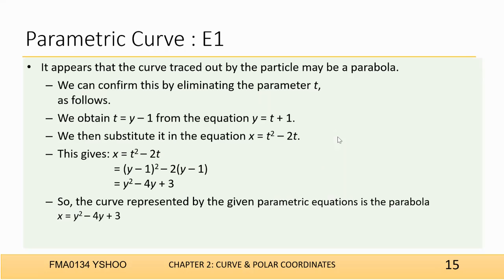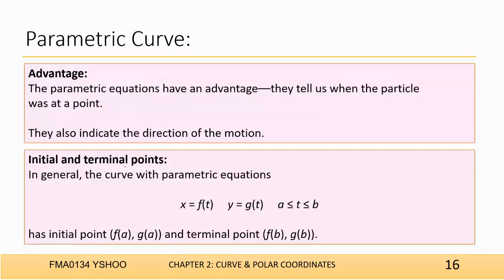Then it appears that the curve traced out by the particle may be a parabola. We can confirm this by eliminating the parameter t, which you will definitely learn after this. From here you can see that this is a parabola. Then what are the advantages of a parametric curve?